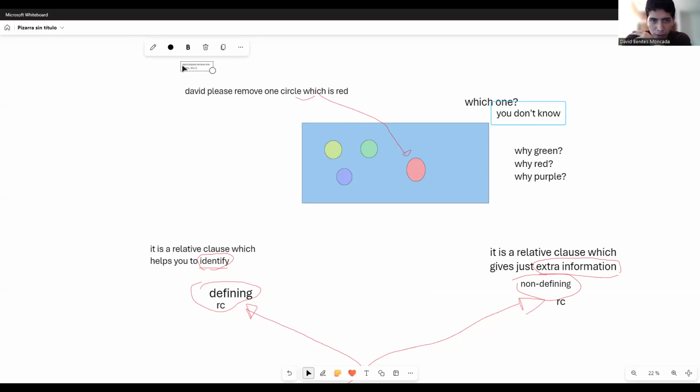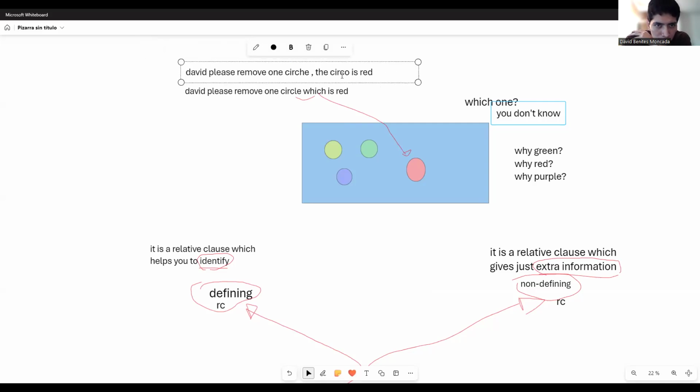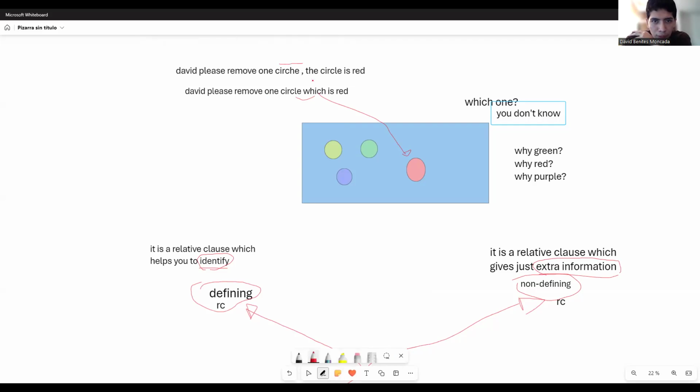And then the circle is red. So as you can see here, you're replacing the word circle with which. You got it, David? Yes. David, please remove one circle, which is red.